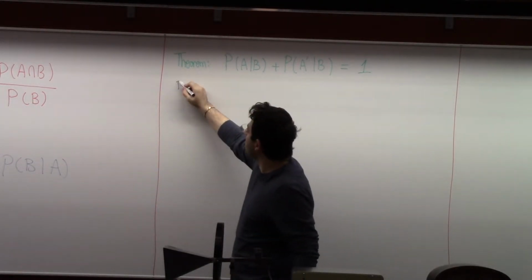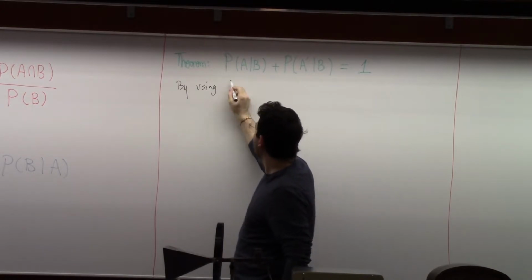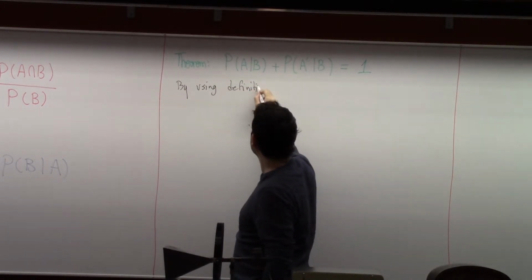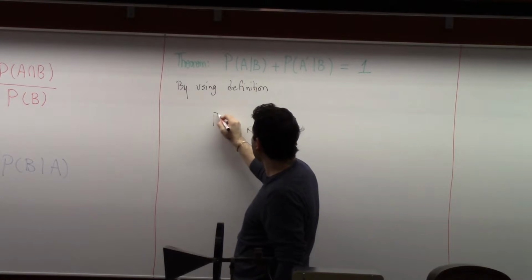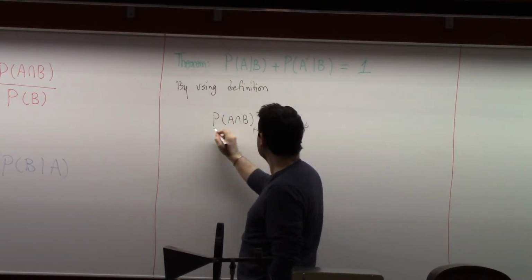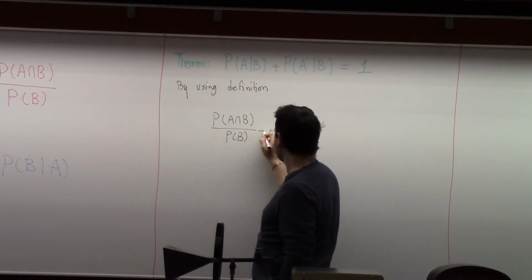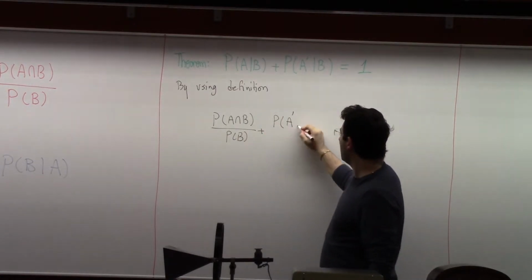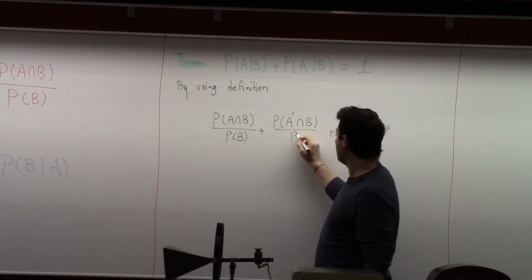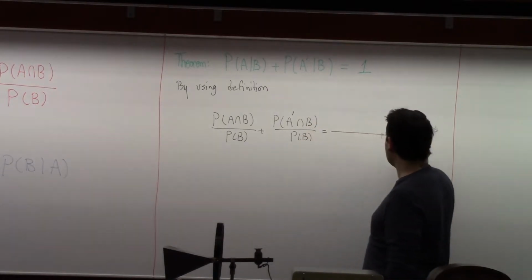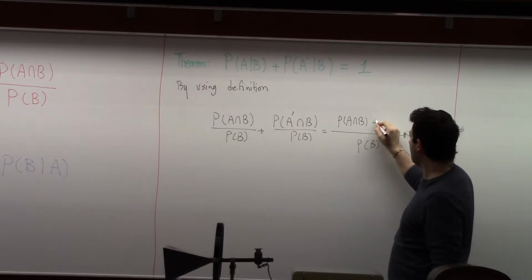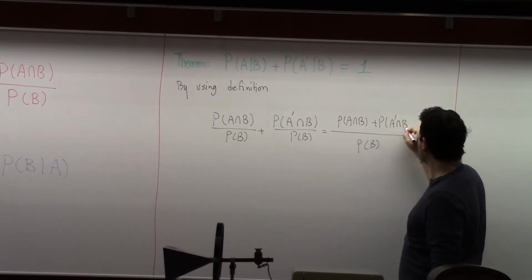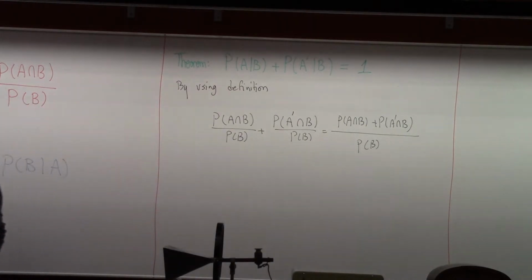Let's, by using the definition, we have the probability of A given B is the probability of A intersected by B divided by P(B), plus the probability of A prime intersected by B divided by the probability of B. They have a common denominator, so I can write it as the probability of A intersected by B plus the probability of A prime intersected by B. Now, what can we say about A prime and B?